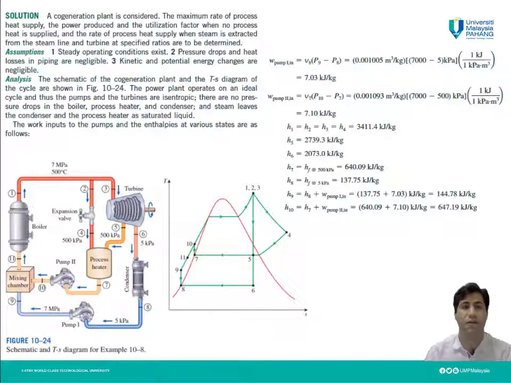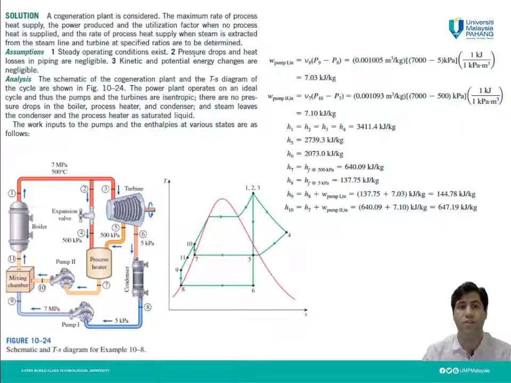During the time in which we are going to calculate these parameters for this plant, there isn't any change. For example, state 1 is 7 megapascal pressure and 500 degrees Celsius temperature, and it doesn't change during that calculation, during that process.